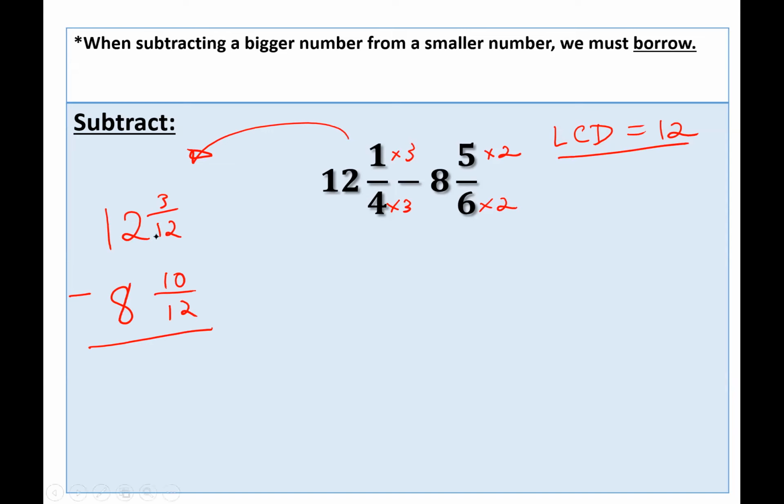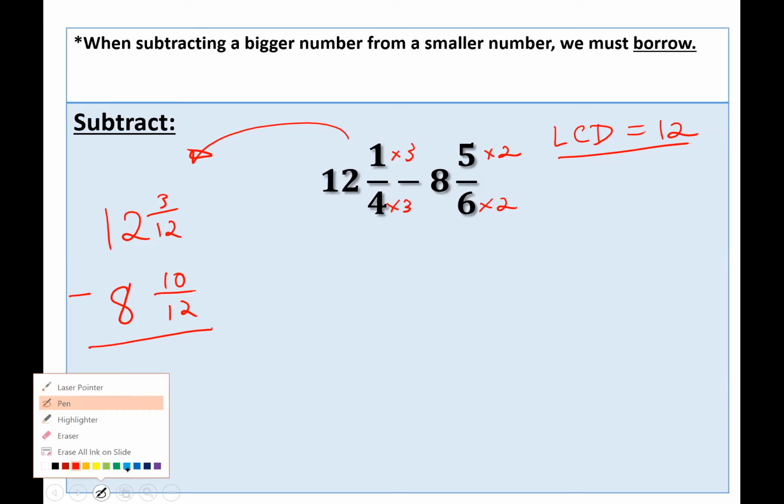Now the problem here is we are subtracting, and if I'm trying to subtract 3 minus 10, I mean, then we're into the negatives, and we know the final answer won't be negative because 12 something minus 8 something, it's not going to be negative. So what do we do? Well, this is where we borrow.